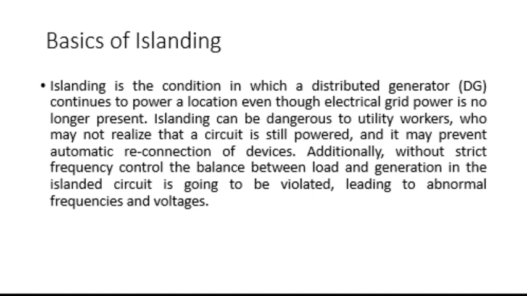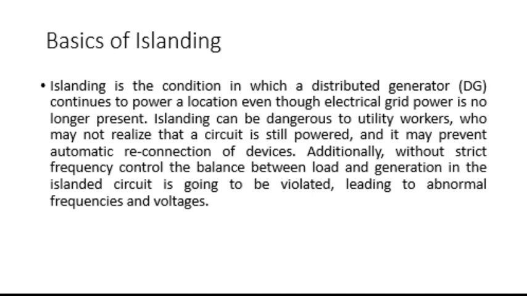That inverter is designed to match the frequency and voltage present in the national grid. But if national grid power is no longer present, that voltage will not be matched, and it will only keep increasing the power, and it will make that island.